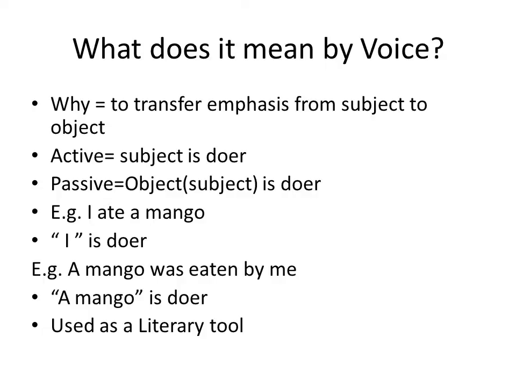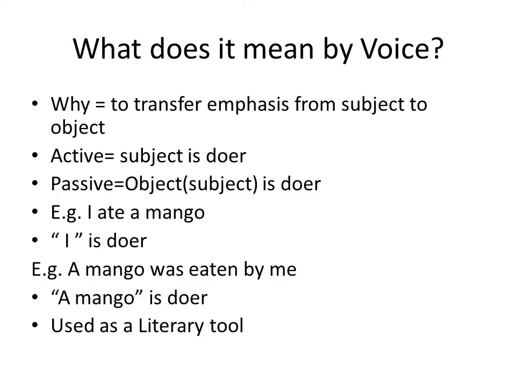But the sentence is always like that, subject and verb. But if we change it into passive construction, it will become: a mango was eaten by me. In the first sentence, I ate a mango.